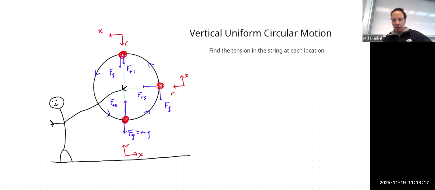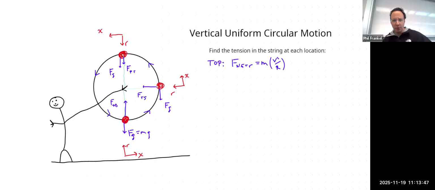So let's start our investigation by looking at the top of the circle. Newton's second law for circular motion tells us that the net force in the radial direction, the center-pointing direction, is equal to the mass of the object times its centripetal acceleration, the acceleration that points to the middle of the circle and represents how rapidly the object's turning.